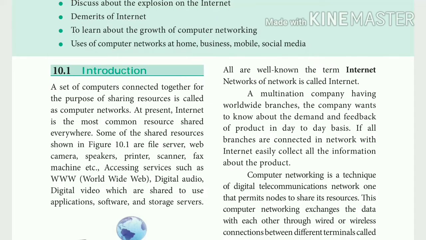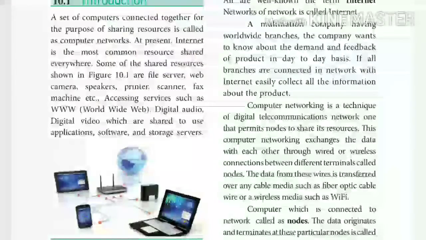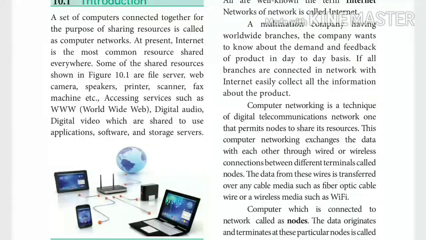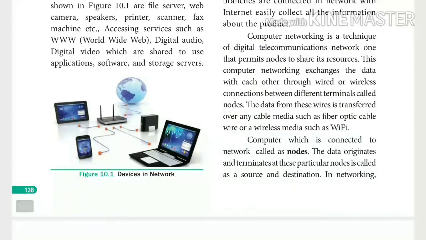Okay, and the next thing is, in a simple network, a particular system or individual system in the network is known as a node. Okay, so that's what it is given here. So the connection may be a wired connection. Wired connection means physical connection between two computers or many computers, or wireless connection.